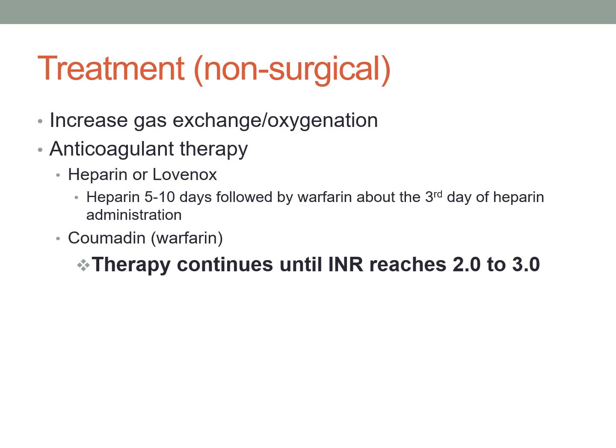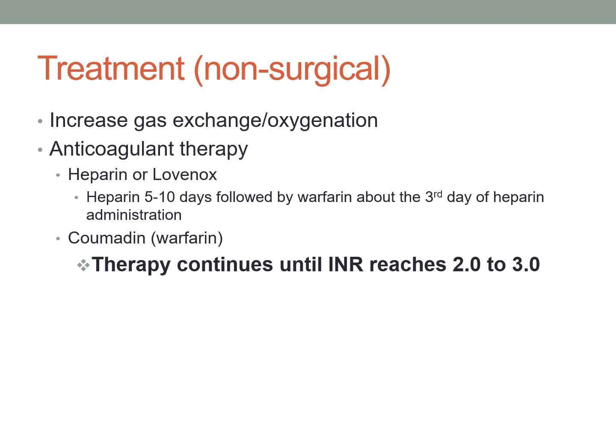Typically, it would be 5 to 10 days of heparin, then followed by warfarin or Coumadin on the 3rd day, but they will continue that IV heparin drip, and then they would start taking the Coumadin while they're still on the heparin drip. And why is that? Why do you think that is? So they'll stay on that heparin drip until the therapeutic range for warfarin, that INR, reaches between 2.0 to 3.0.